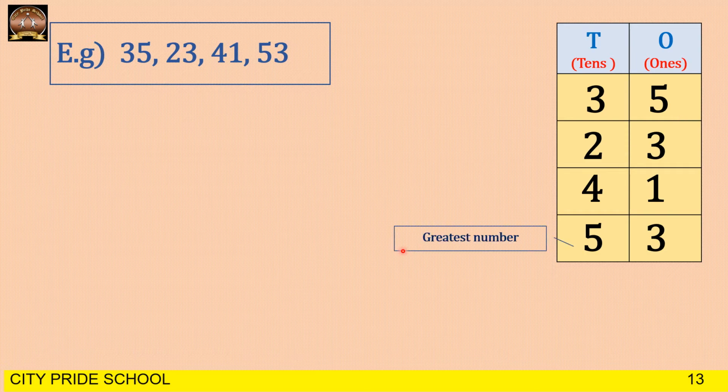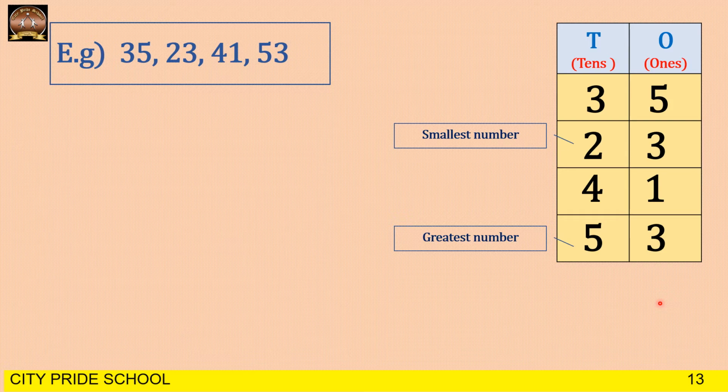Now, which is the greatest number here? Correct. It is 53. So among these numbers, the greatest number is 53 and the smallest number is... correct. The smallest number is 23. Very good.